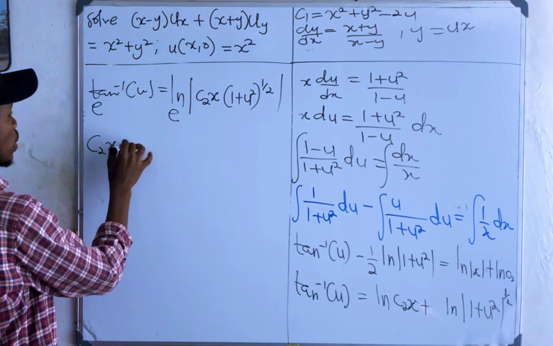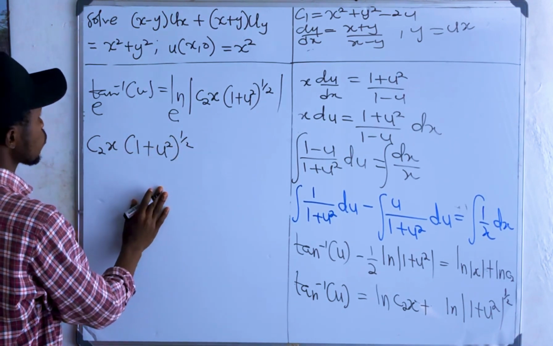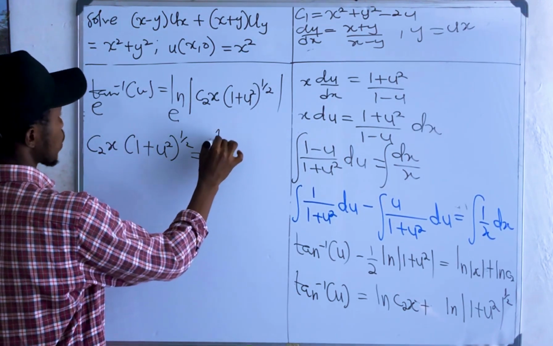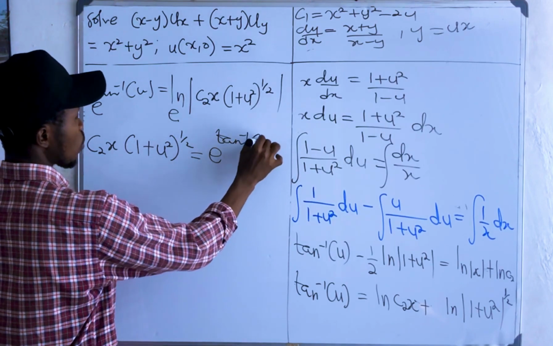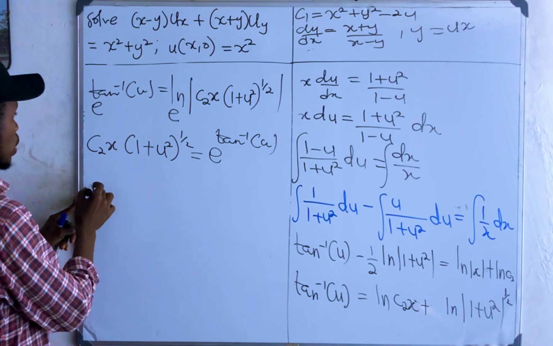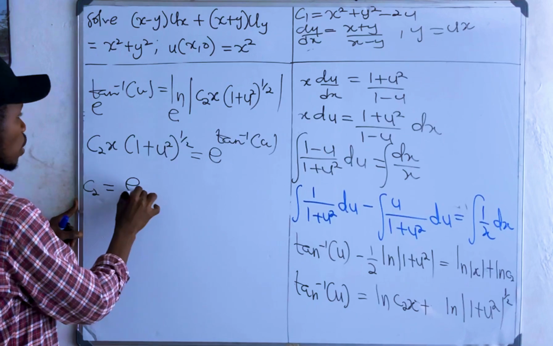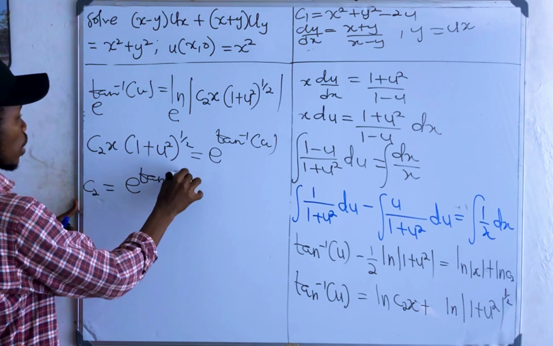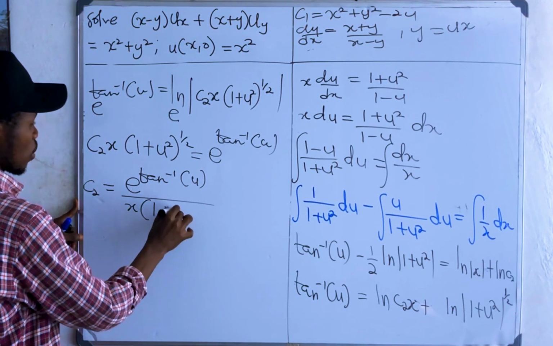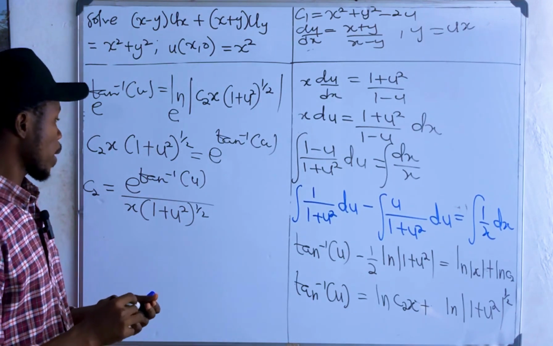And I have c2x (1 plus u squared) to the half equals e to the power tan inverse of u. So I have to make c2 the subject. That is e to the power tan inverse of u over x (1 plus u squared) to the half. Something like this, right?